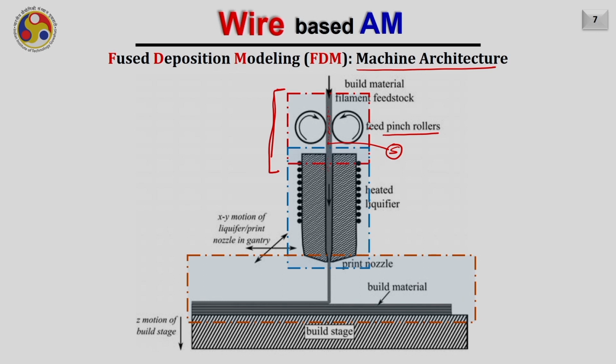So, liquefier is nothing but a chamber which is covered from the surroundings by heating wires. The wires get resistance heating and they transfer the heat to the wire, and the wire gets melted. This chamber is also called the liquefier. So this solid wire here, assume that it is still solid when it is entering into the liquefier, gets melted when it goes down further.